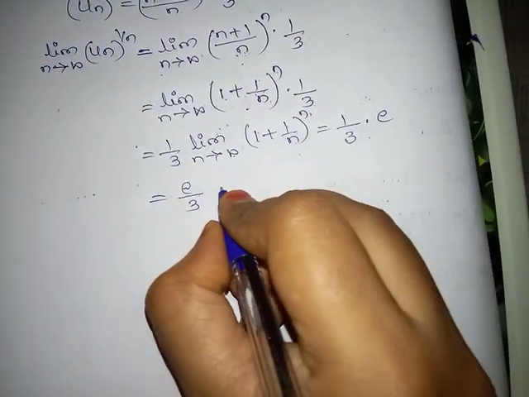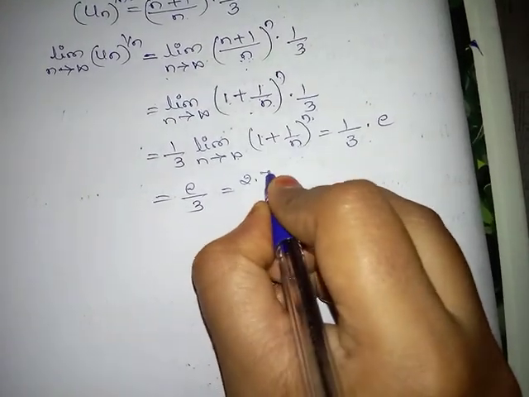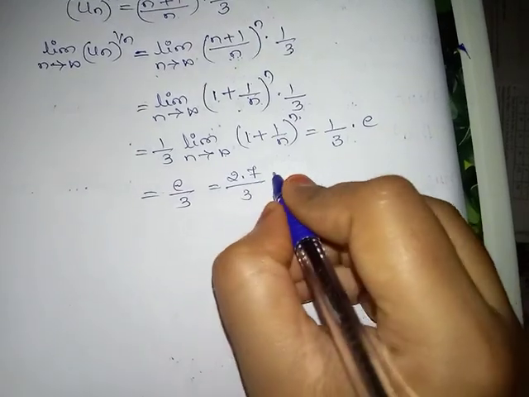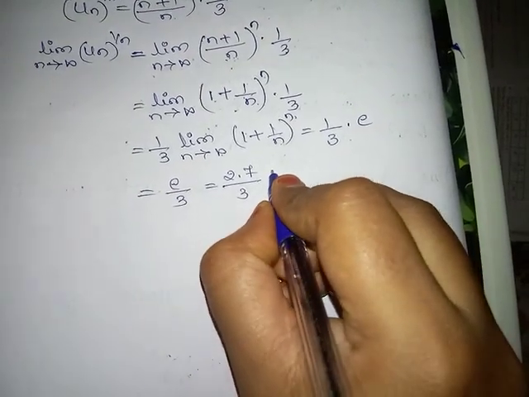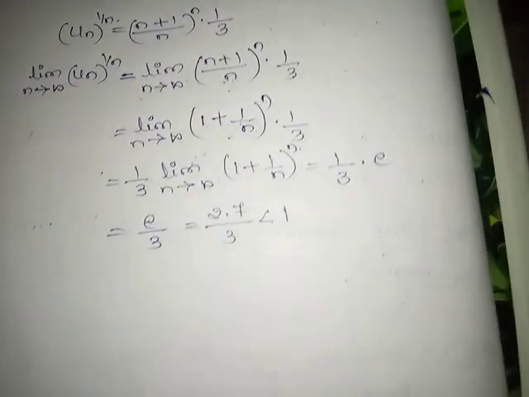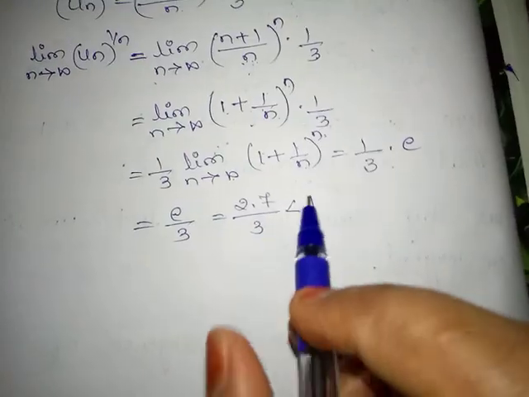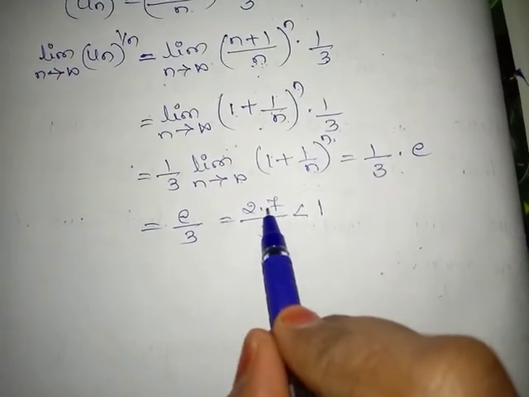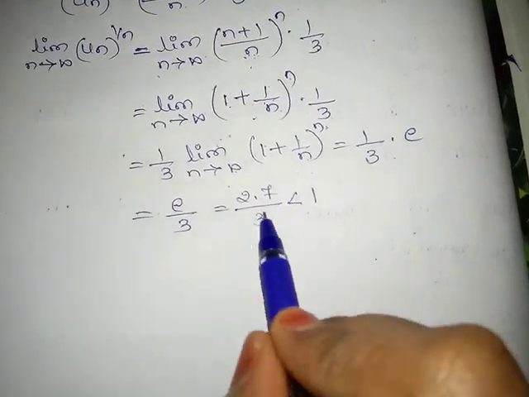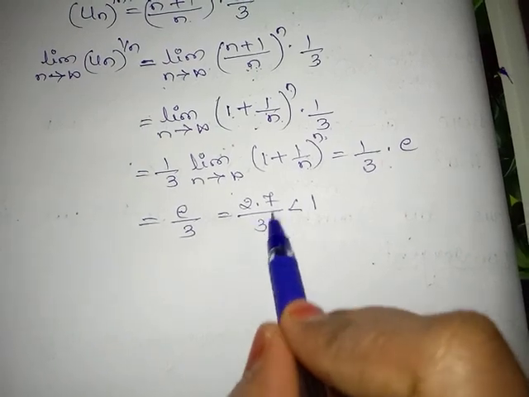We know that e is 2.7, so it is 2.7 divided by 3. When we divide this, we get a value which is less than 1. Why? When we solve this, first we take the decimal point, after that we solve 2.7 by 3.